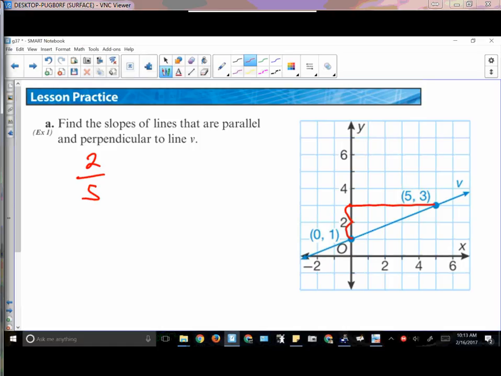Opposite reciprocal. Well, what's the reciprocal of what you see there? 5 over 2. What's the opposite? Negative. Okay.